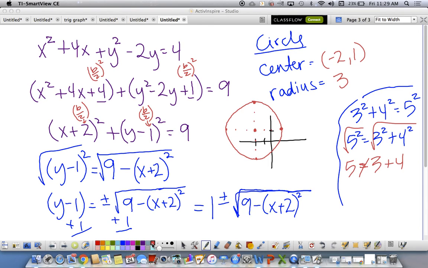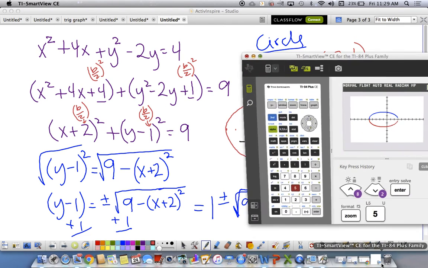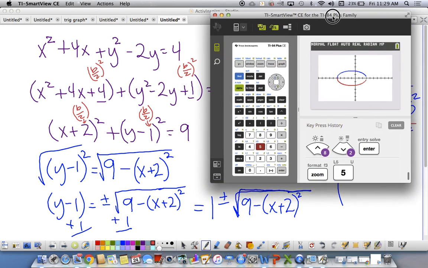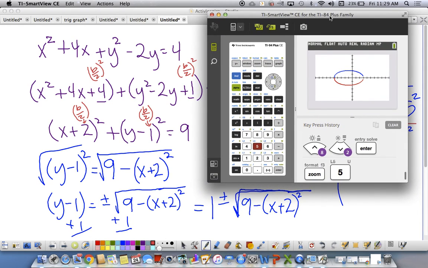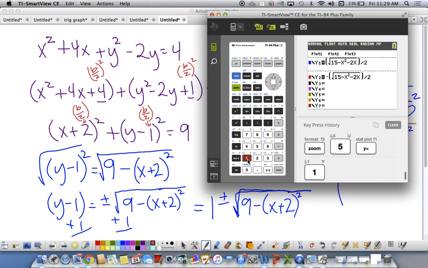Alright, so if we plug it in our calculator: y equals 1 plus the square root of 9 minus (x plus 2) squared.